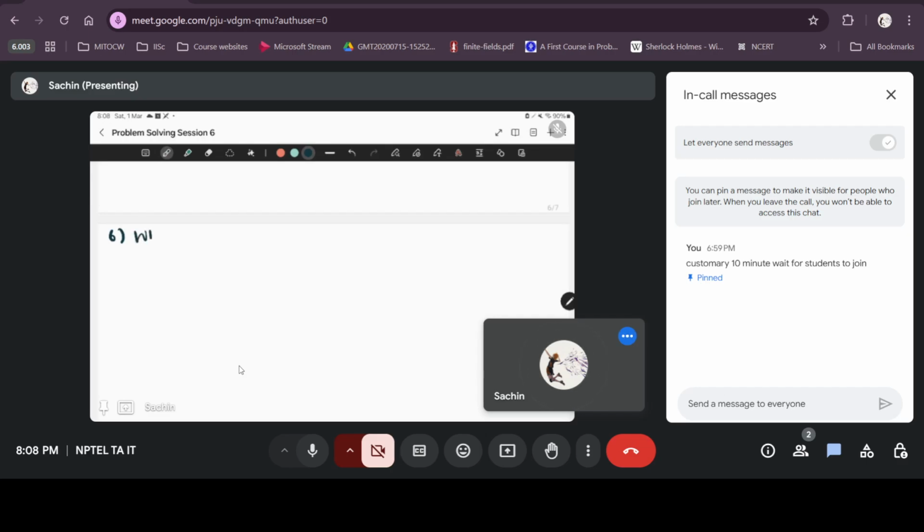Question 6. Which of the following statements are true? A. h of x equals minus infinity implies h of ax equals minus infinity for some constant a.